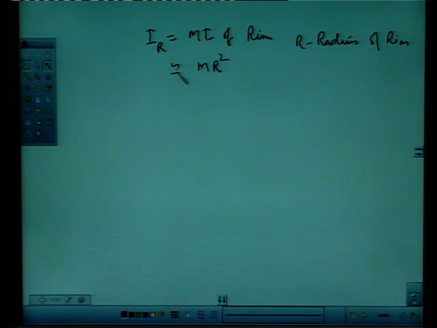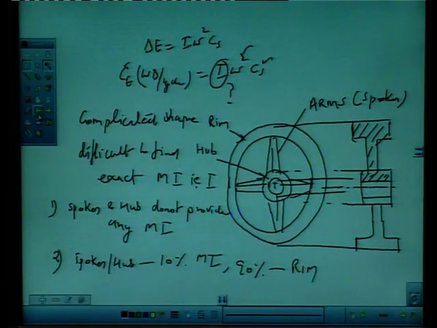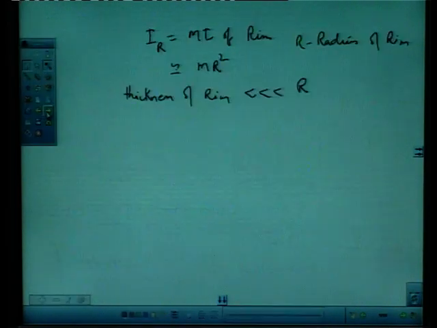Why? Because in this case the thickness of the rim, T, is very negligible as compared to the radius. Here this is the thickness T of the rim and this is the width of the rim B. Since T is very small as compared to R, we can write I of rim equal to m r square.